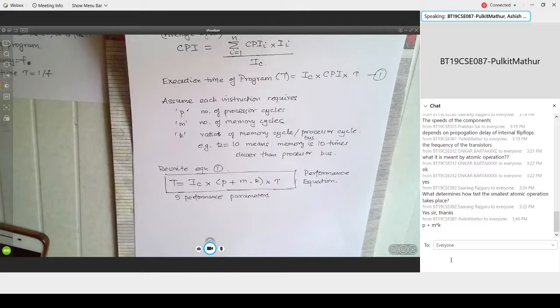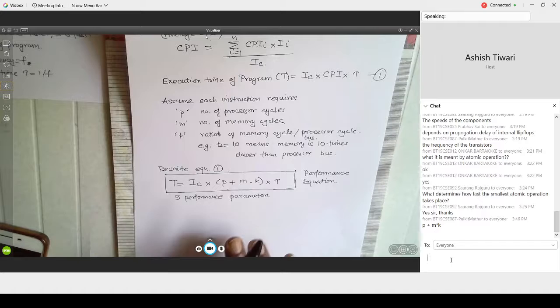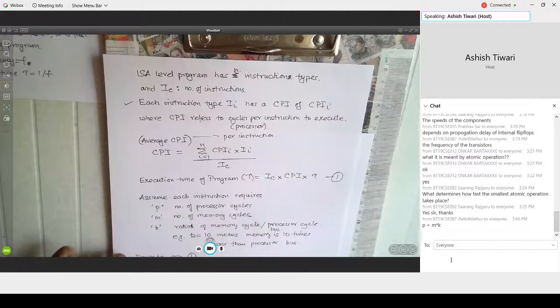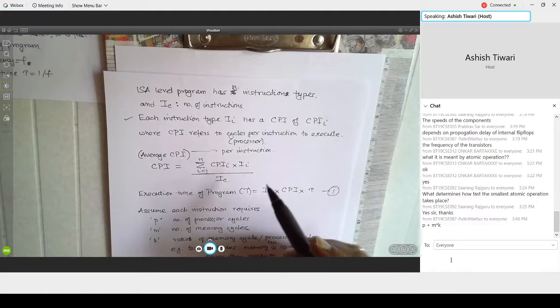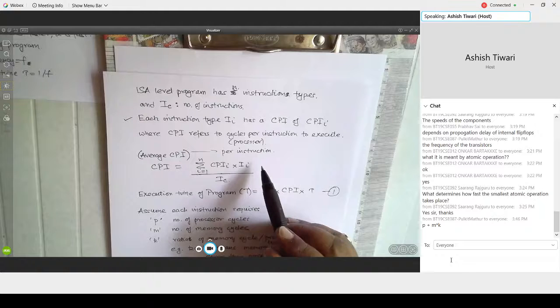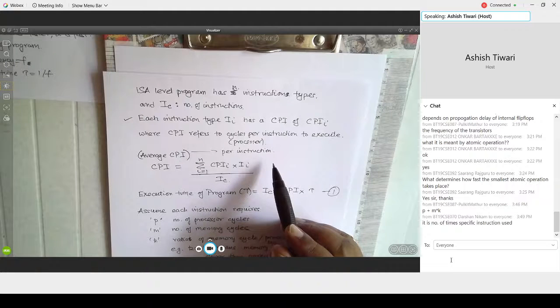But sir, what does multiplication mean there? Because I_i should be a number, right? In the summation formula, CPI is the average that we are taking. Okay, I get your point. I'm not writing it down, but you can write it down: I_i is the count of the number of instructions of type i.